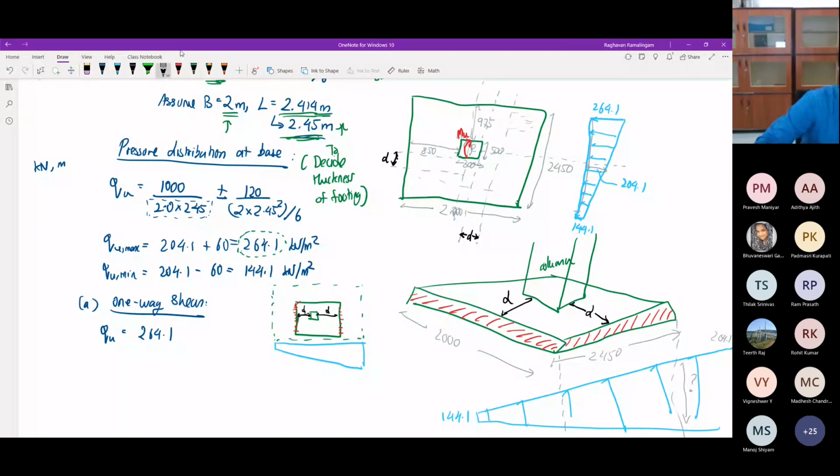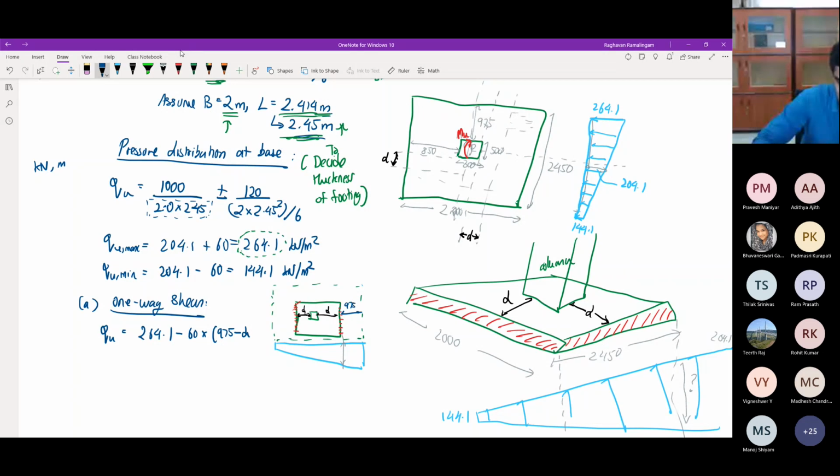So basically, if I find out what this pressure is, then I'll be able to use that pressure to find the shear stress on this particular part. So this side is 264 minus, so it's just a matter of interpolation, 60 into 975 is the projection. So 975 minus D, because this is D, no? So 975 minus D, that is this part.